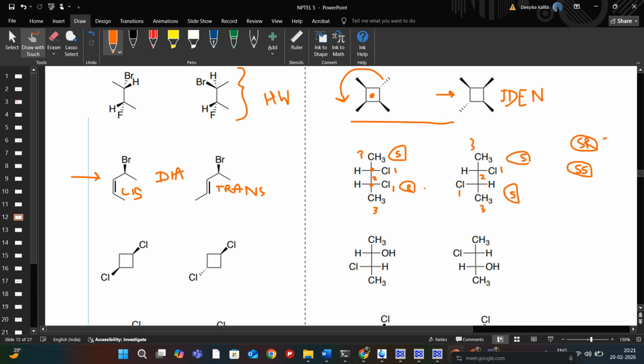And as we know, SR and SS pairs will be diastereomers of each other.